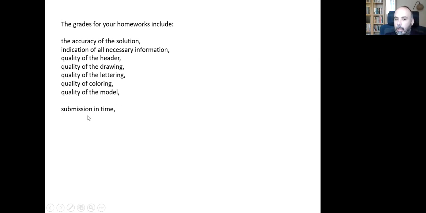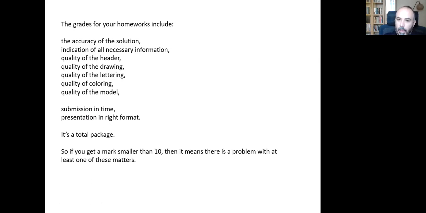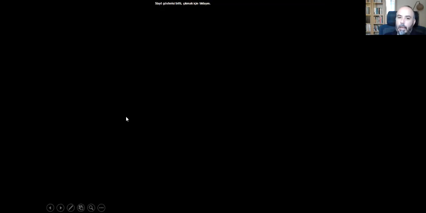Not just that, submitting your homework on time, and you need to present it in the right format, and the grade that you will get is the total of all these aspects. So you can think of it like that. If your grade is smaller than 10 for each homework, then it means there is a problem with at least one of these matters in this list.